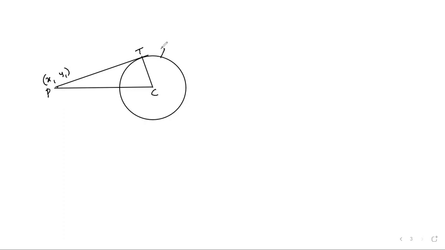Write the equation of circle. Can you do it yourself? All the sides of the triangle you have to get. PT is L, the length of the tangent segment is PT.